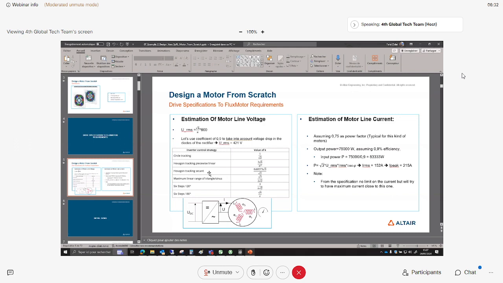Then once we computed the phase-to-phase voltage, we have to take into account, let's say, the voltage drop in the power electronics, the rectifier. So this is a coefficient of 0.9. Yeah, it can be more or less this value.